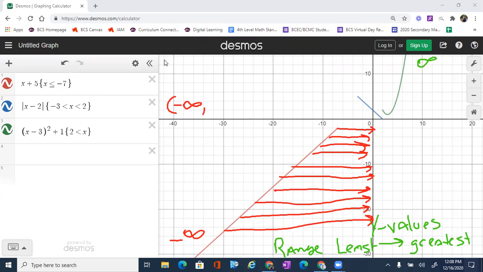So I'm going to trace this graph all the way up to the y value of -2, and that is a defined value. So I can go to -2, and I'm going to put a bracket. Now, remember, one of the ways we can determine that is if there's an equal sign in the inequality.